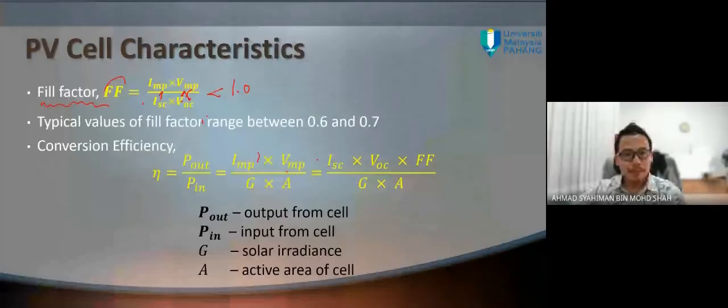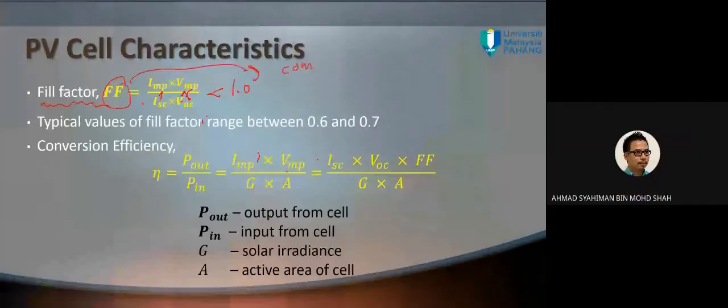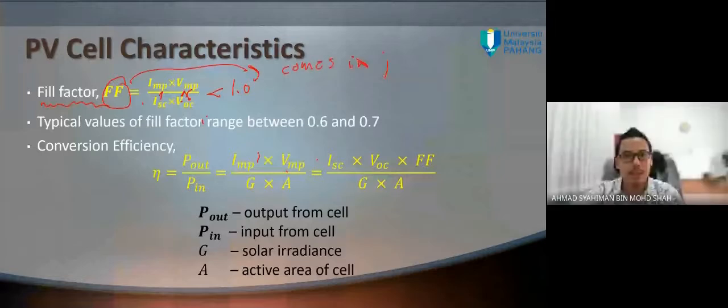Usually this kind of factor comes in journals related to solar cell fabrication. In the study of fabrication of solar cells, usually the fill factor comes out.